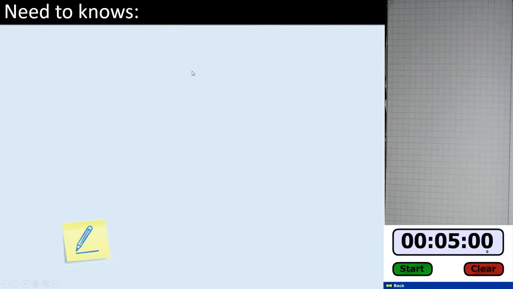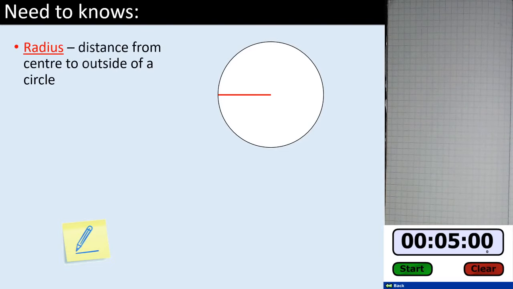But the ones that we absolutely need to know are the ones where we have this line, which you may be thinking to yourself, I know what that's called. Good. That's our radius, and that is the distance from the center of the circle to the outside of the circle, so the circumference.